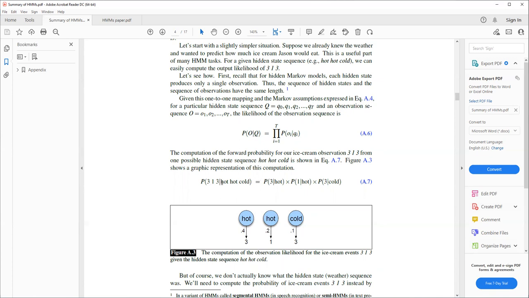Because in this case the states are fixed. Since we know the states, it becomes very easy to find the corresponding values, and that is the exact thing given in this formula as well. So if I give you the hidden states and the actual sequences, all you have to do is multiply the probabilities.